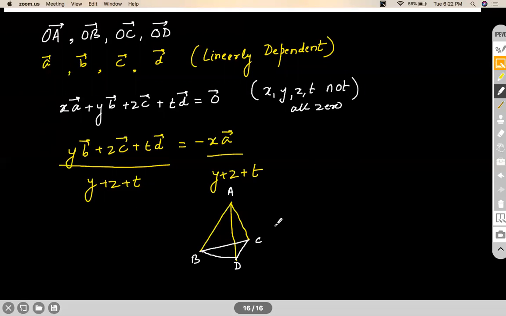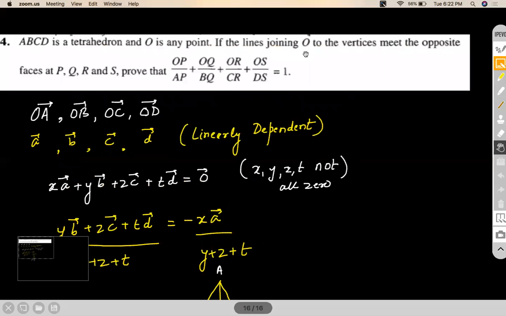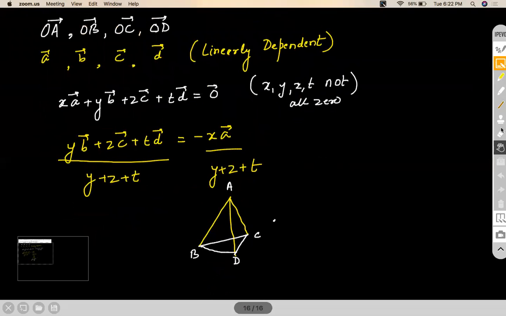There is a point O. What they're trying to say is that if the line joining O to the vertices meets the opposite faces, I could take it in such a way that it meets somewhere over here on top.